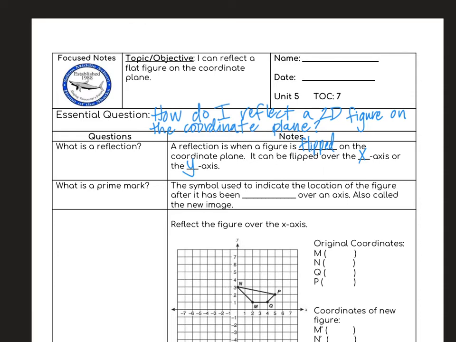So the symbol used to indicate the location of the figure after it has been reflected over an axis. It's also called the new image, and a prime mark kind of looks like an apostrophe. So if my original point was A, then my new point, and I'm going to show you in a different color, I would write the reflected one as A prime. It kind of looks like an apostrophe. So let's try it out.